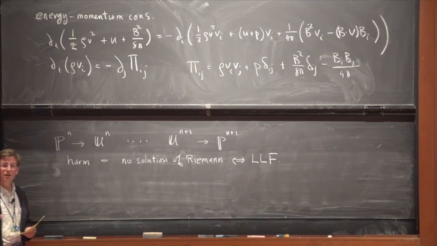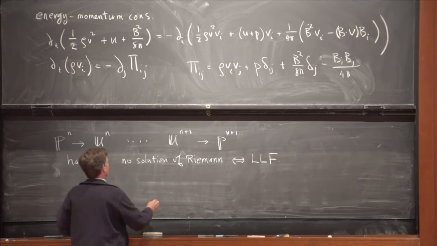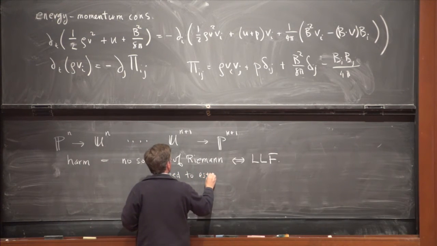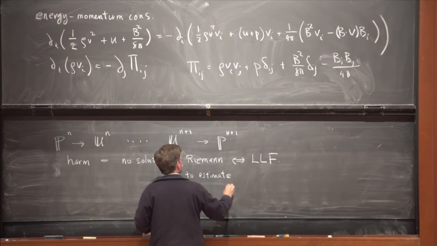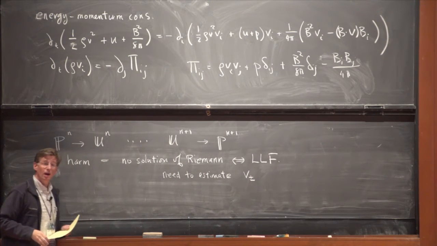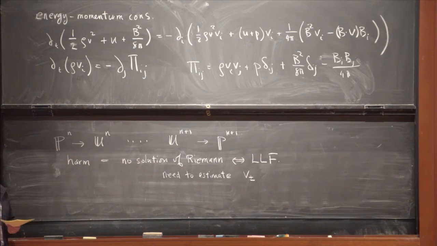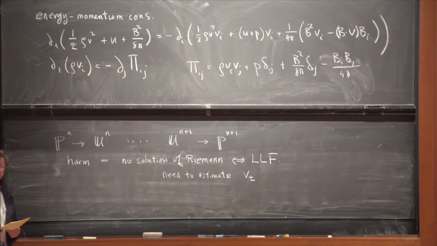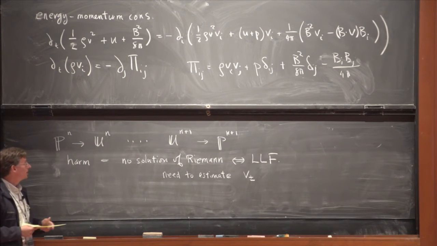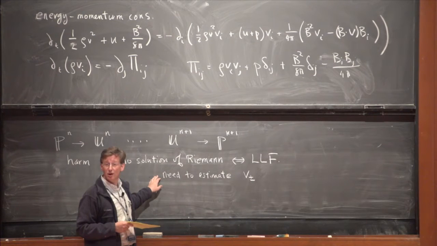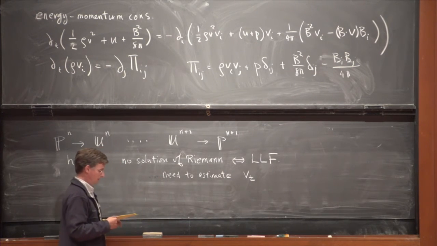And for that, we only need to estimate the fastest wave speeds. HARM uses a particularly quick and dirty method for estimating the fastest wave speeds. Our estimates are approximate, and they deviate from the exact fastest wave speeds only when the ratio of the Alfvén speed to the sound speed is 1, or close to 1.